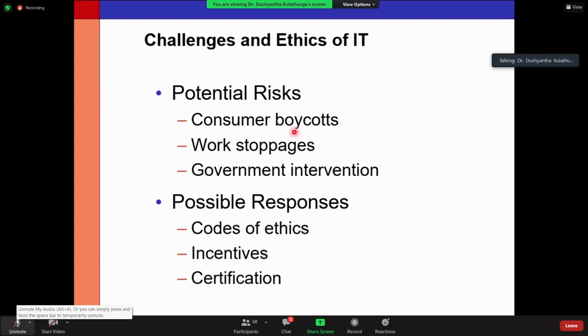And also, we mentioned that customers may boycott, customers may not want to do transactions with certain organizations because they can't trust the particular companies, and they can go for some third-party certifications. Now, there are some third parties which offer certifications in relation to confirmation of security of the particular e-commerce sites and the privacy guidelines adopted by them. So the company can go for a third-party certification.